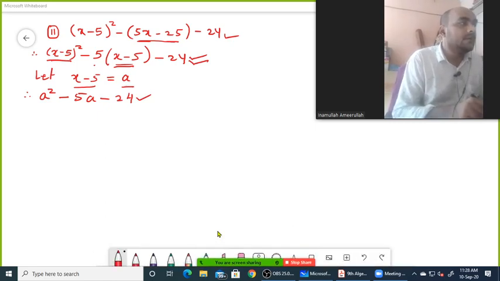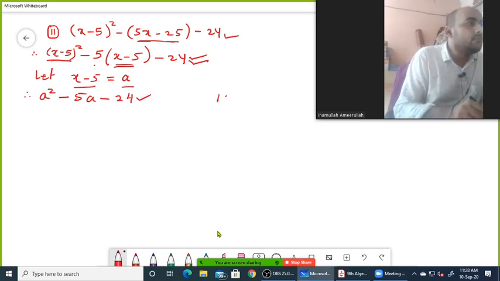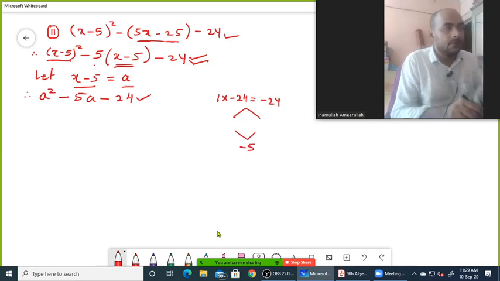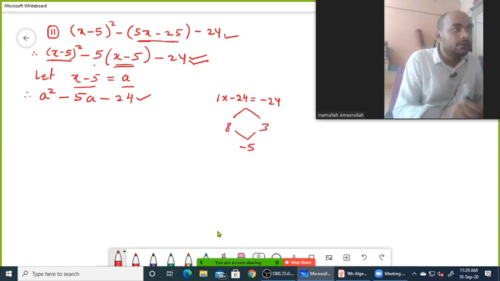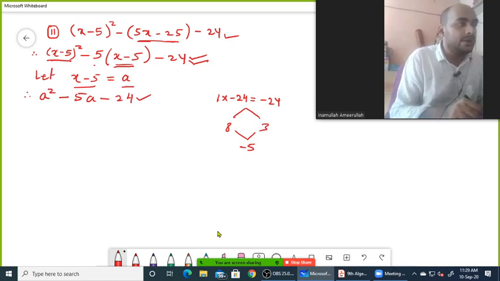Now this is a perfect quadratic polynomial where we can split the middle term. So we need factors of 1 into minus 24, which is minus 24, and the sum should be minus 5. So we need two linear factors. 8 3s are 24, but since we need negative 24 and negative 5, I can take negative 8 and positive 3.